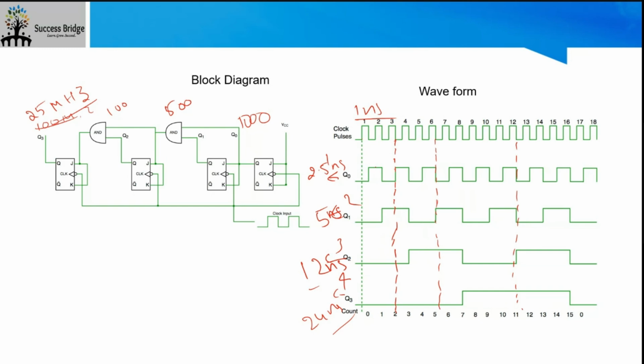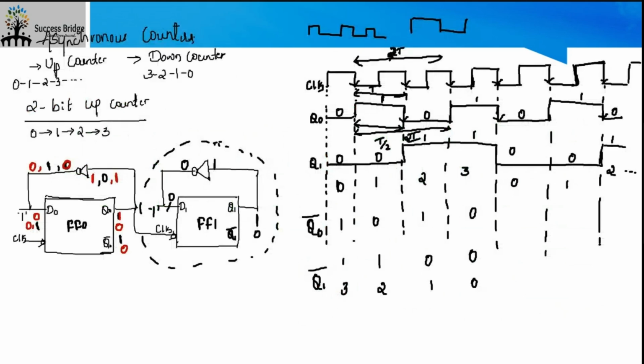In real time, it is all D flip-flops. We never use any flip-flop other than the D flip-flop in entire circuits. There will not be any JKs or any other type of flip-flops. Okay, so let's move on.